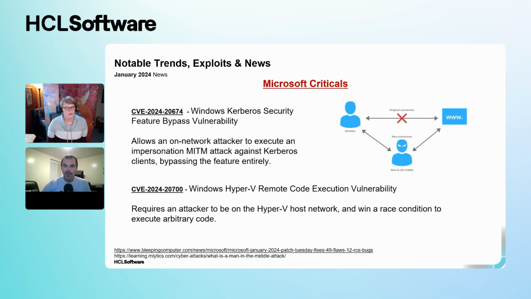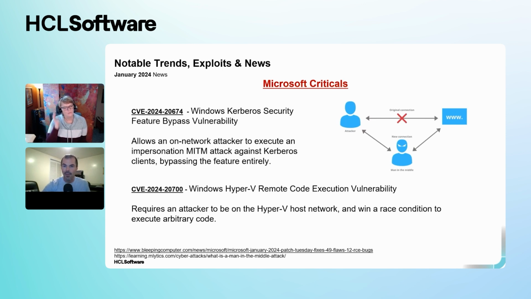All right, and then the other critical that is a little more complex to execute is in the Hyper-V server. It's a remote code execution vulnerability. So an attacker that's on your network and adjacent to the Hyper-V host, which presumably any modern secure enterprise will not have very open, right?